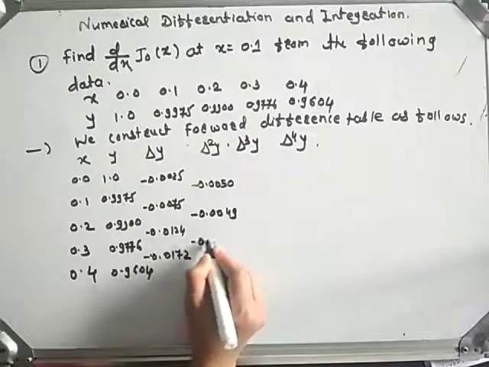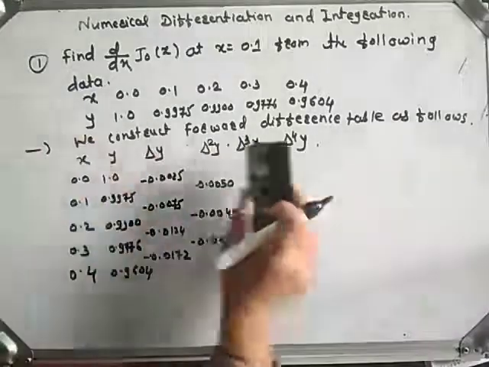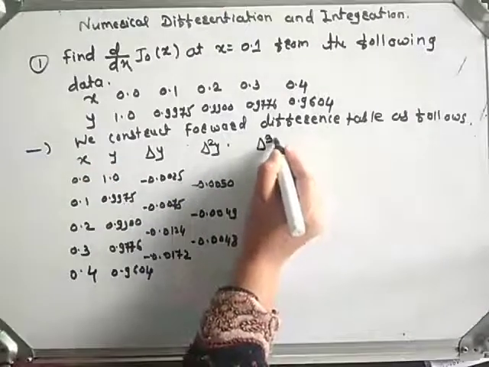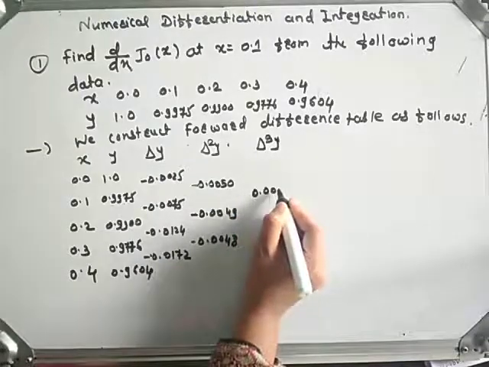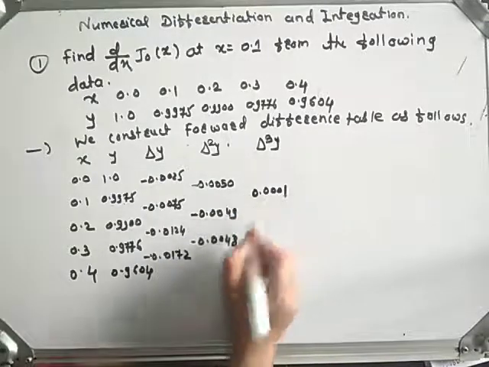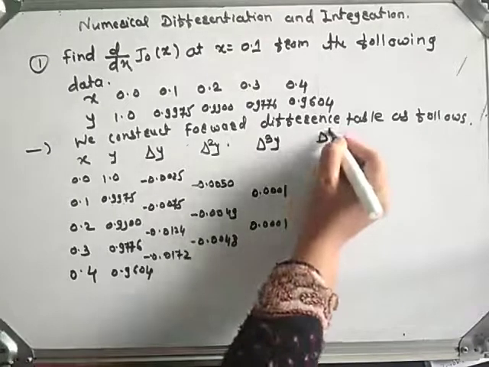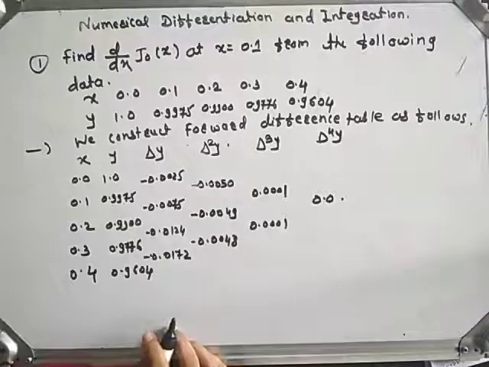Here is minus 0.0048. Now calculate third order forward differences. That is, this is 0.001. This is again 0.001. Delta raised to 4 y. Here is 0.0. Okay.